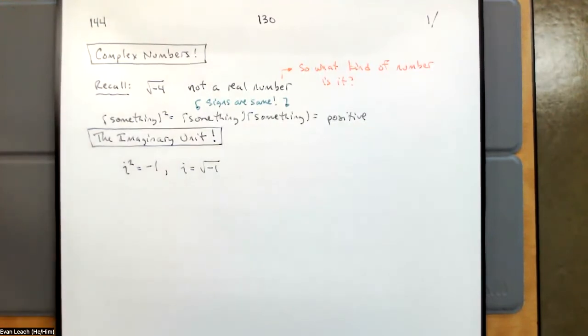We could also think of it as i is the square root of -1. This allowed us to write something that wasn't a real number for the square root of a negative, but was an imaginary number.